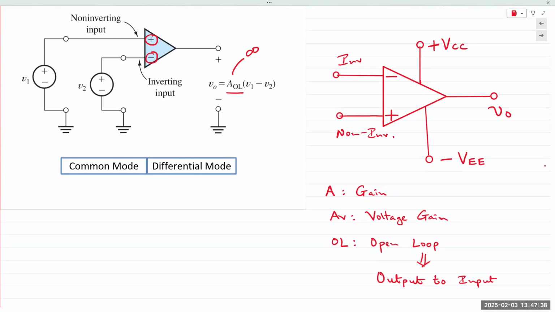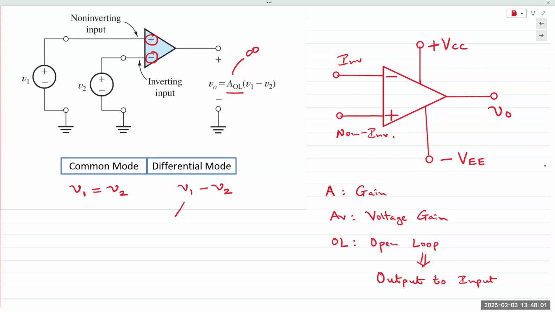If V1 is equal to V2, the same signal is applied to both the terminals, and so we call that the common mode. So V1 is equal to V2. In differential mode, it's V1 minus V2.